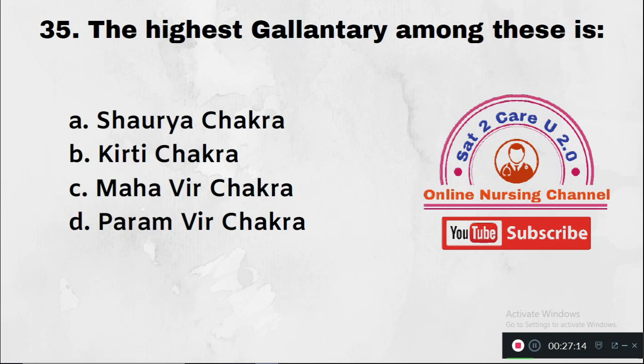Recently, Abhinandan was awarded one of these awards. The highest gallantry among these is option D, Paramveer Chakra. In order from the top: first Paramveer Chakra, second Mahavir Chakra, third Kirti Chakra, and fourth Shaurya Chakra.